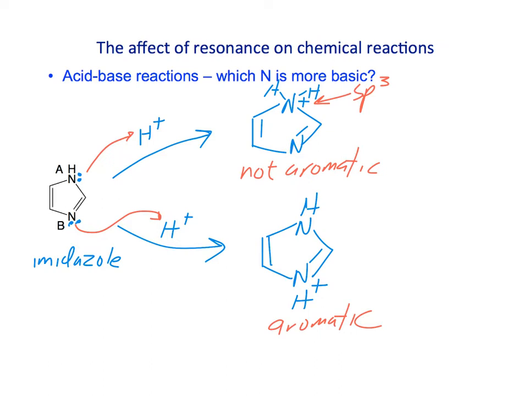Okay, so that means that nitrogen B is going to be the preferred site of protonation. All right, so it's not going to go this way, it's going to go down to the bottom. So what does that mean? Which nitrogen, A or B, is more basic?